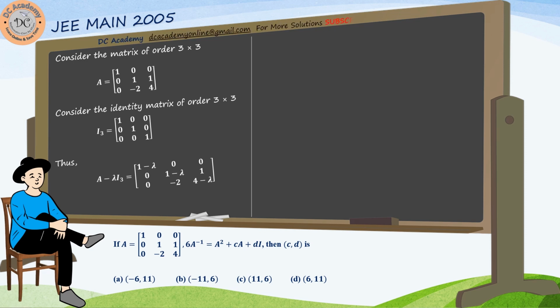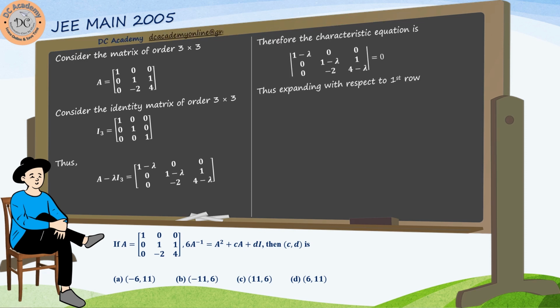So let's find the determinant by expanding with respect to the first row. It will be 1 minus lambda multiplied by (1 minus lambda)(4 minus lambda) minus 2 into 1, and then the sign changes. That gives us the determinant. Now we just do the basic algebraic calculation, multiplying and simplifying. We'll obviously get a cubic equation.